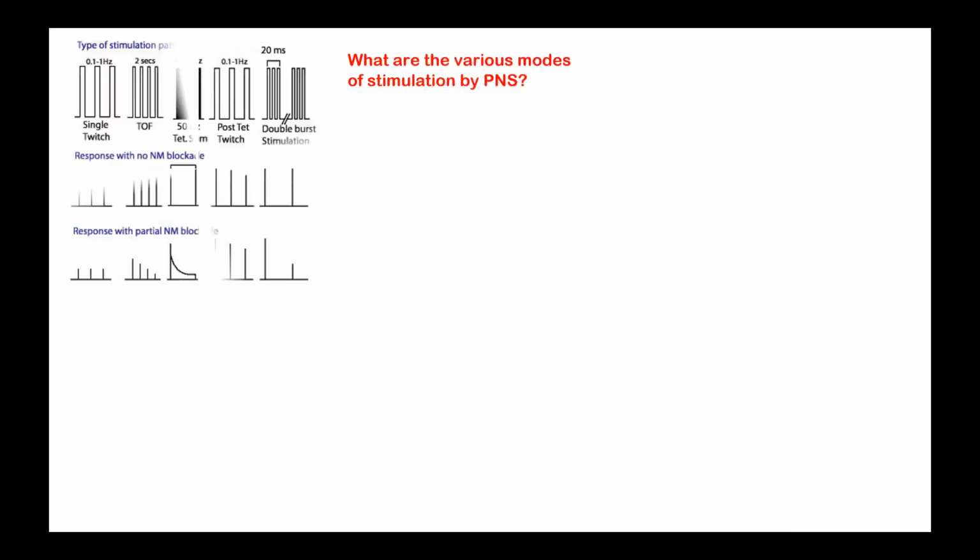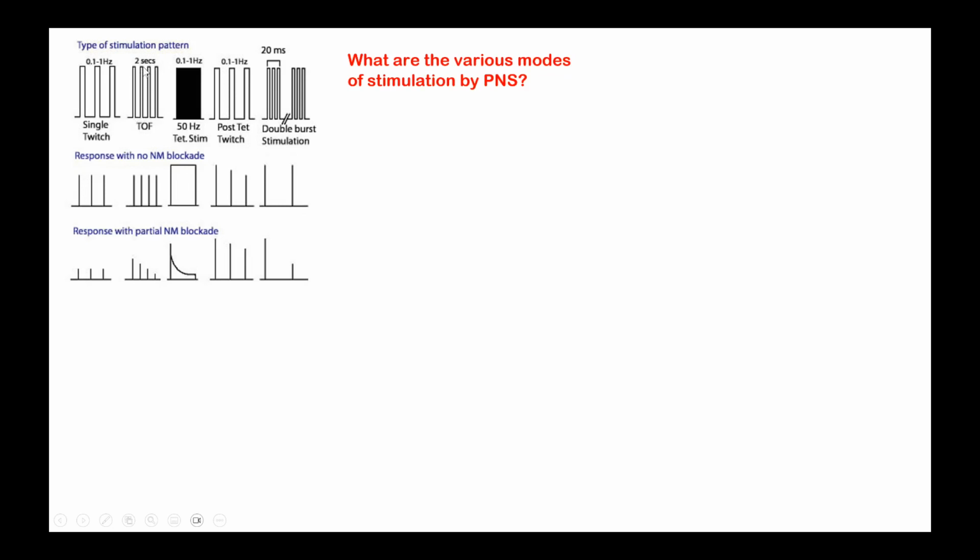Various modes of stimulation: this is called the single twitch. So when you apply a current in a patient, you will get a response like this, which is called the single twitch. And when you use this mode of train of 4 stimulation, the machine itself will automatically deliver 4 currents at a gap of 2 seconds.